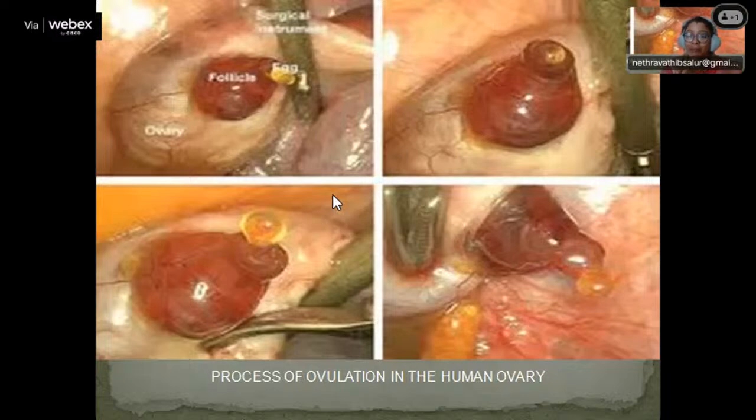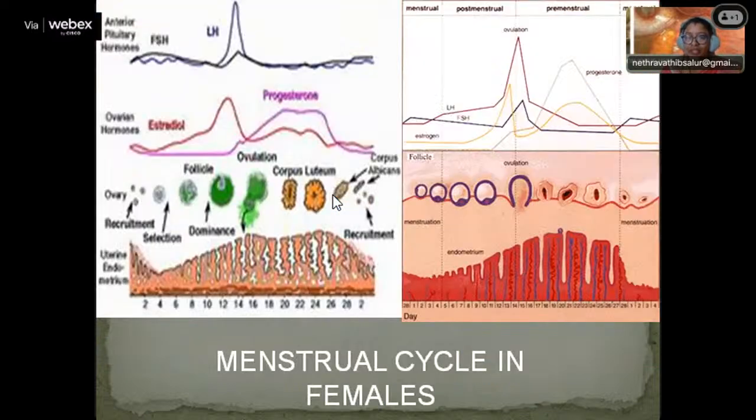But when we are doing our work, we are not able to recognize that pain. That is because the follicle ruptures and releases the egg. So this is a very beautiful slide which shows the ovulation process in humans. Next. I hope you have understood this menstrual cycle, right?